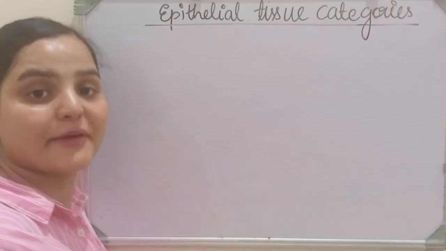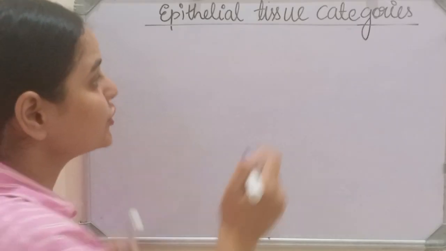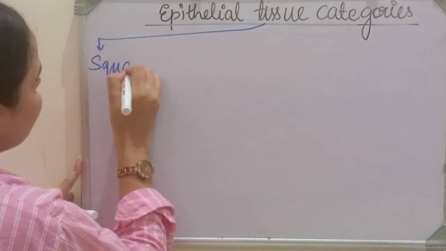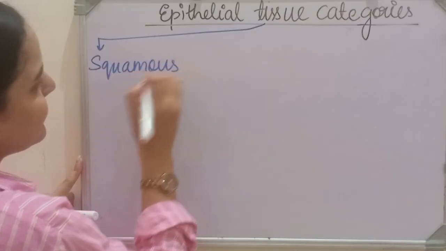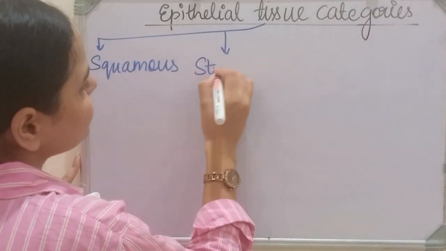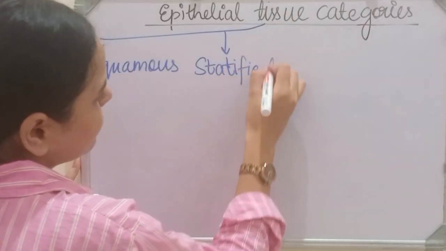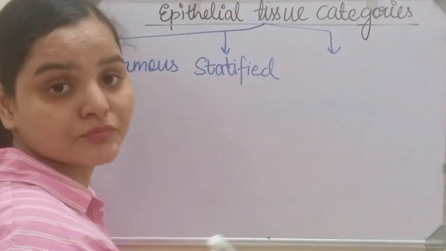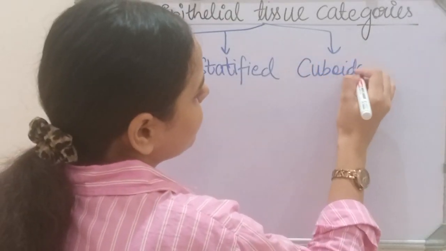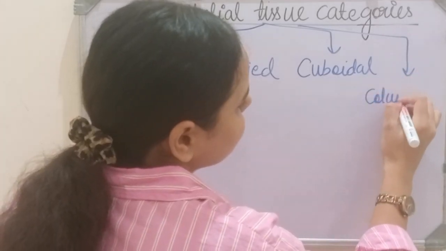Based on the shape and sizes, epithelial tissues are categorized into 4 types. First is squamous epithelium. Second is stratified epithelium. Third is cuboidal epithelium. And fourth is columnar epithelium.